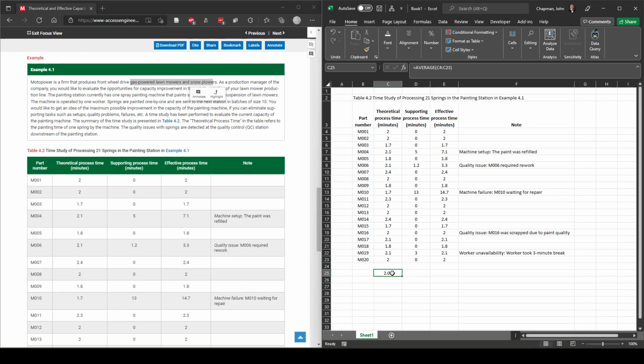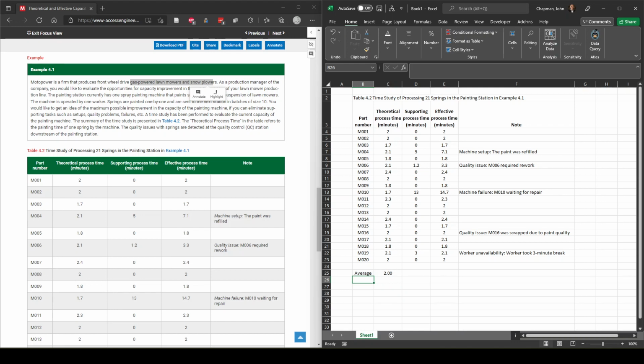What we do there is calculate how much time it takes per spring. So we're going to take that 2, which in this case is the average, and calculate how much time it takes per spring to make that. So we're going to put this 2 minutes per spring. We're going to change this to how many hours per spring.